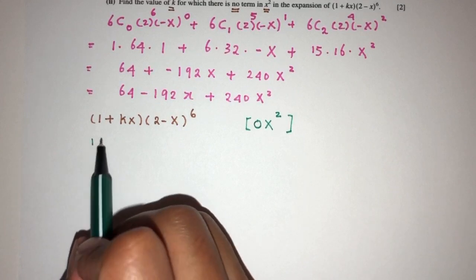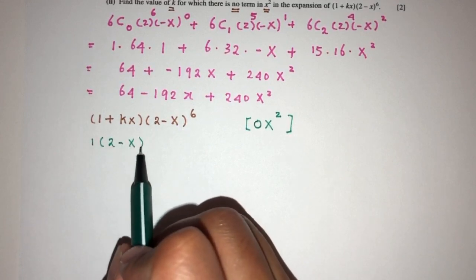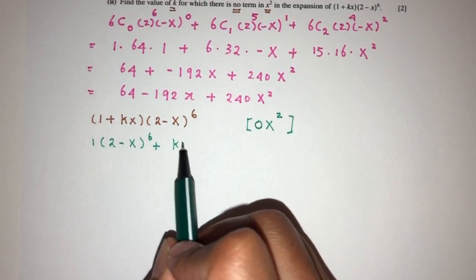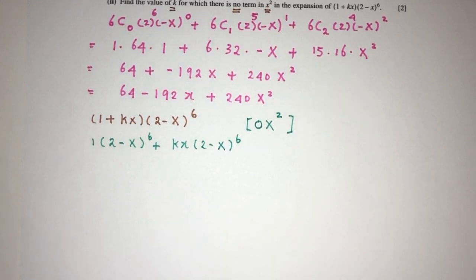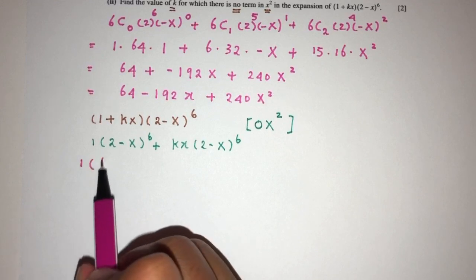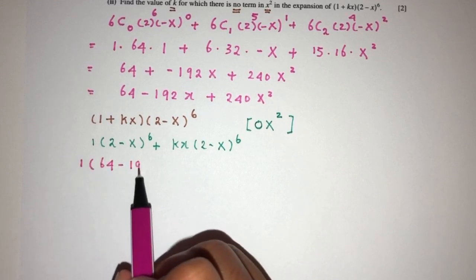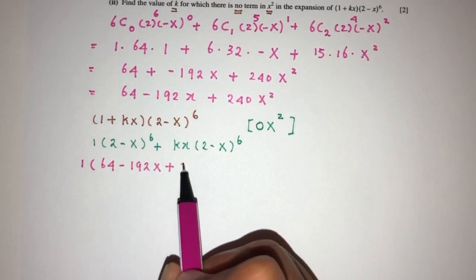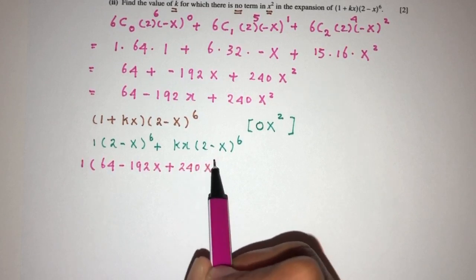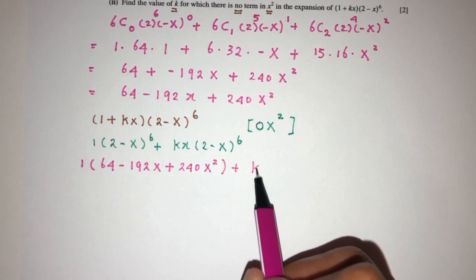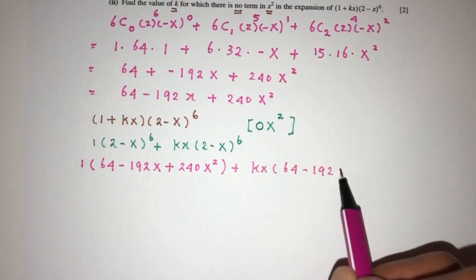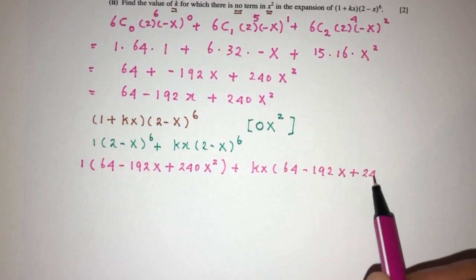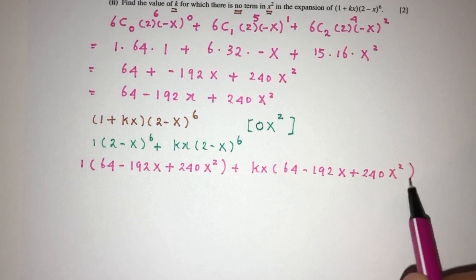It is simply 1 times 2 minus x power 6 plus kx times 2 minus x power 6. Now for the first one is 1 times 64 minus 192x plus 240 x squared plus kx times 64 minus 192x plus 240 x squared from part 1, right?